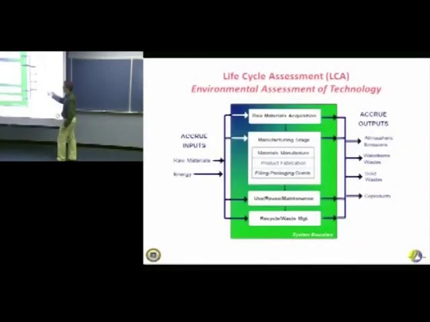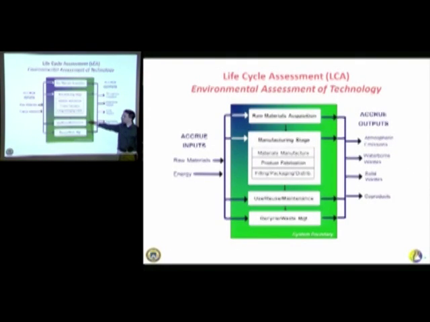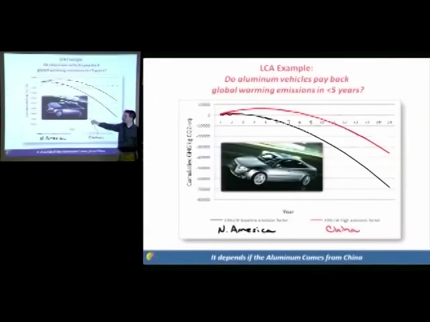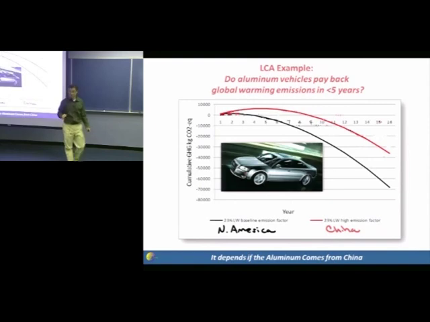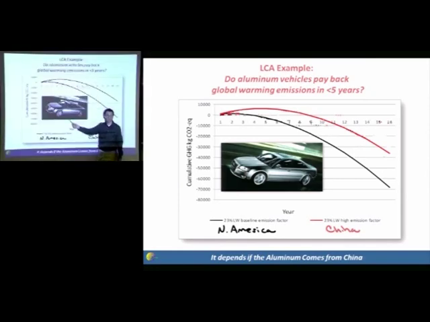So we talked about our motto of life cycle assessment, and you might remember we talked about this aluminum intensive vehicle and the use of a life cycle assessment to judge whether we were going to get back, during the use phase, the greenhouse gas emissions that we have to increase in production.